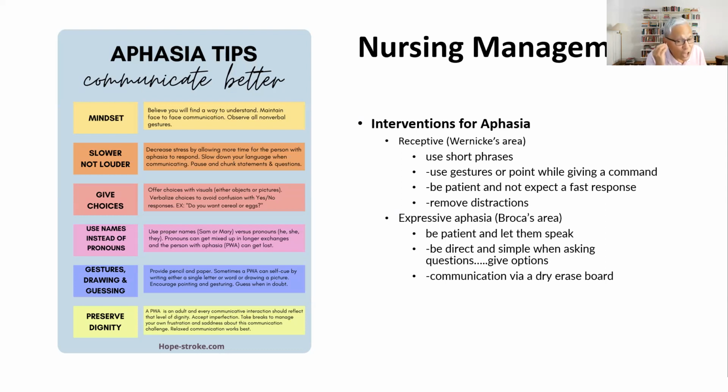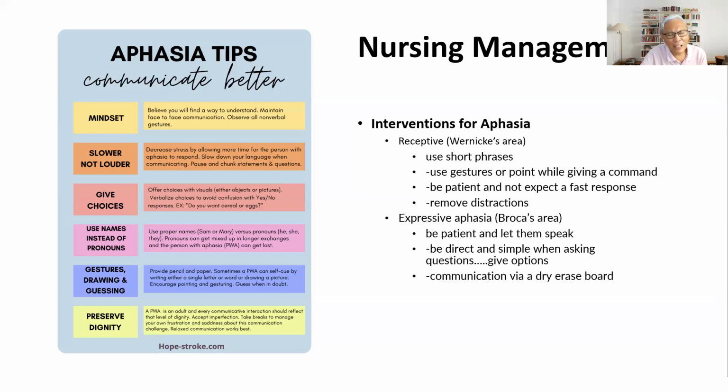Okay, so gesturing is the most important thing, because remember, they do not understand the language. And make sure that you are patient, because the patient will take a long time in order to respond to your communication.